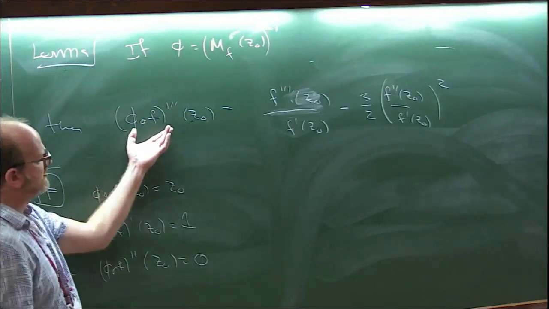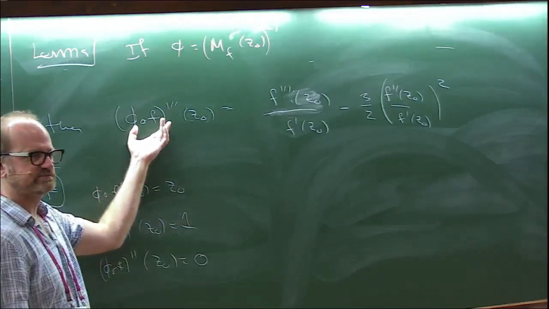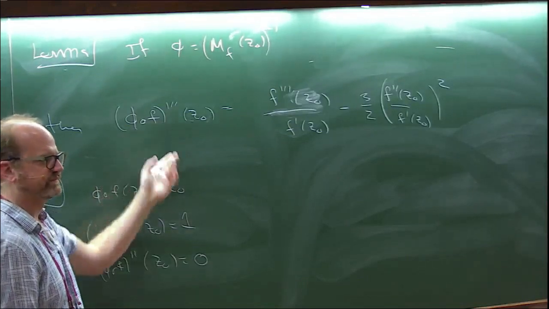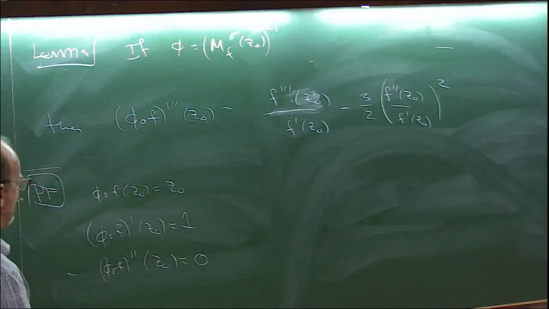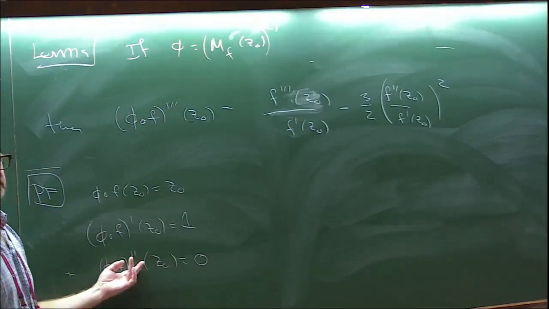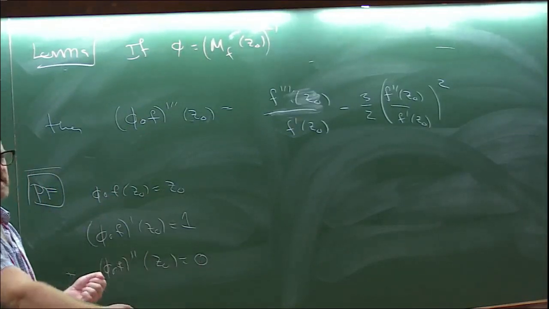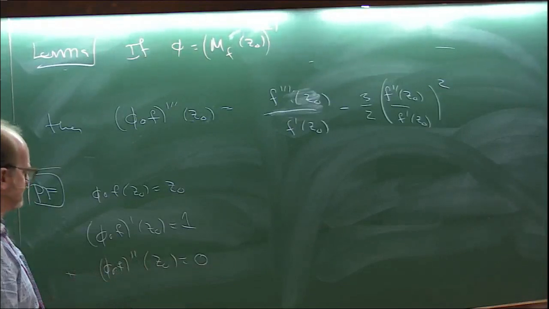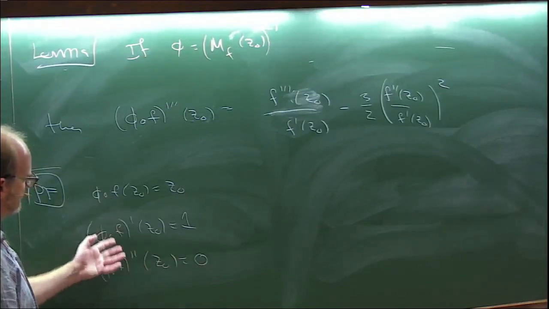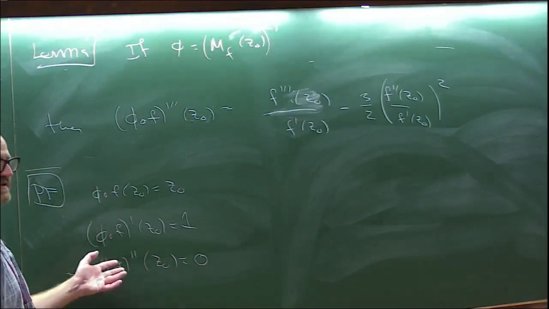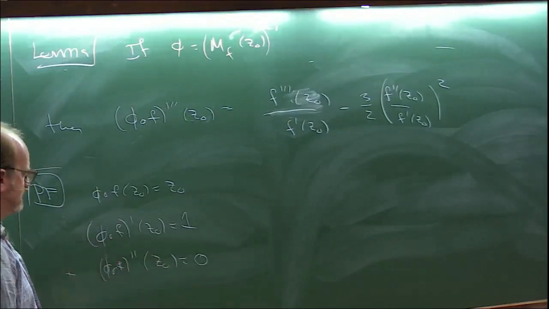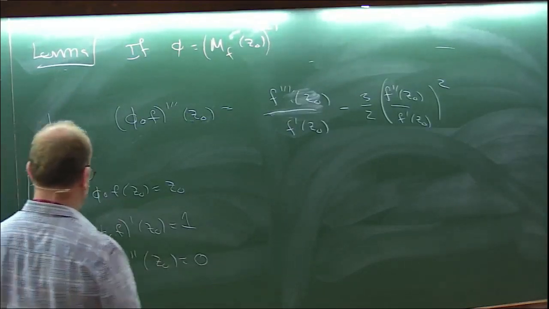Right. Up to second order, this is the identity at z naught. Okay, what we want to calculate is the third derivative. Now, when you calculate the third derivative, it's going to be a complicated formula. And what you do is you reduce that complicated formula to something simpler using these facts plus one other fact.